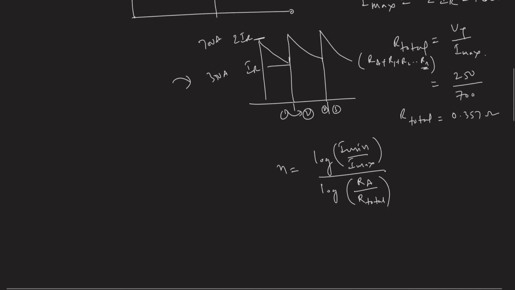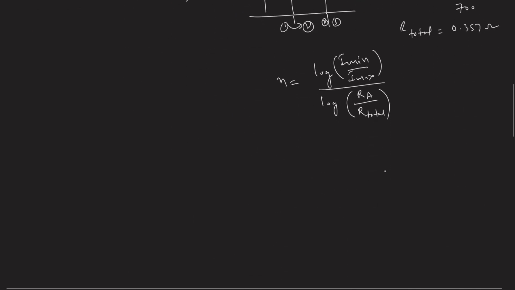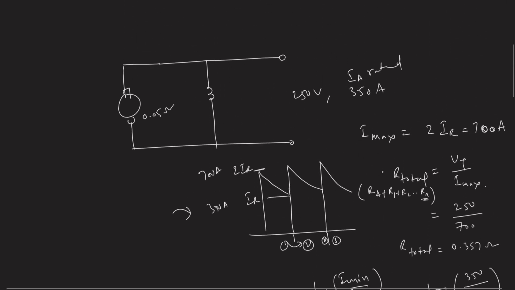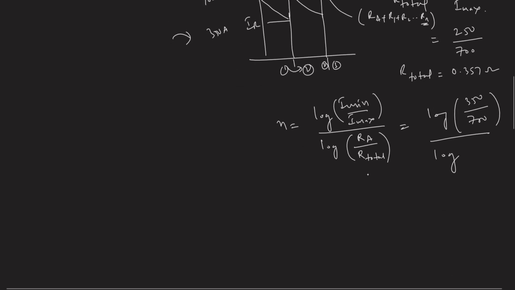Now do this. Tell me what is this value. So this is equal to log of minimum current 350 by 700 divided by log of RA, what is this RA value? 0.05 divided by R total 0.357. Please tell me this value.